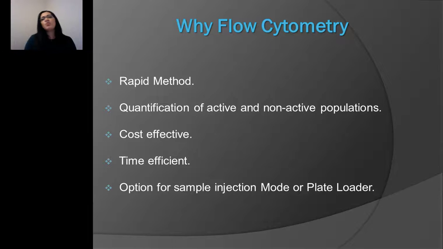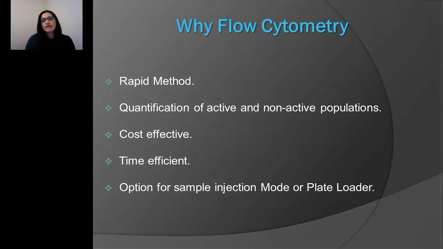So why do we look into flow cytometry? Well, flow cytometry is a lot more rapid method compared to the traditional. And it has the benefit that it provides us more data than the regular plating, which allows us to see how many live or viable cells we have within a sample, and how many dead or non-viable cells we have.